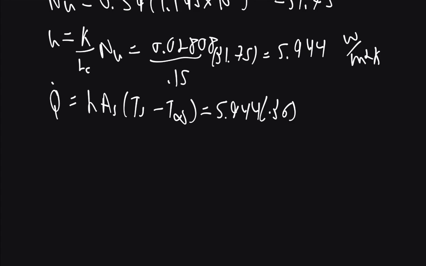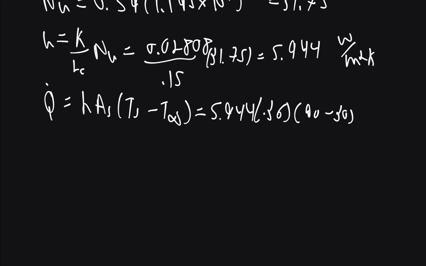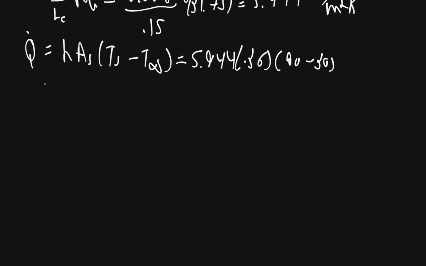This time we do use the full area. It is the surface area, not the characteristic length. So don't get used to using the characteristic length and then use that instead of surface area. So we have 90 minus 30. So this Q dot is 128 watts.